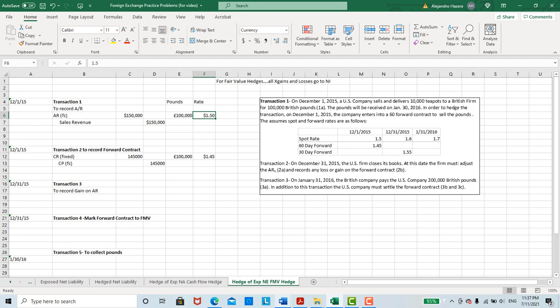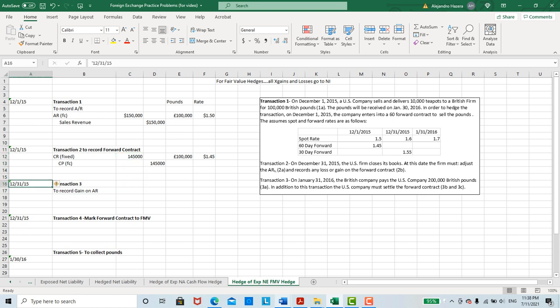And in a sense, what you'll see at the end is that, like we've been doing all along, if your hedge is 100% effective, the only thing you're going to end up expensing is the discount, because you're getting a nickel less for each one than the current spot rate. The hedge cleans itself out, cancels itself out, and only the discount in this case will be an expense at the end.